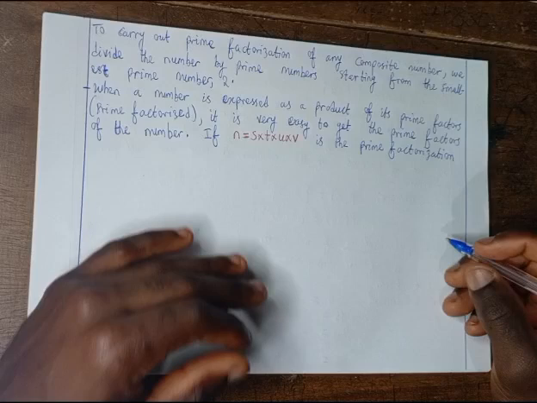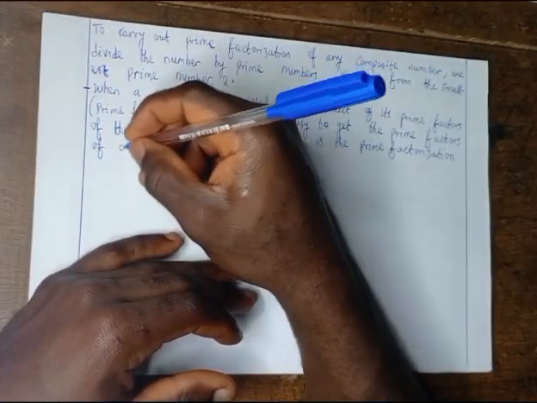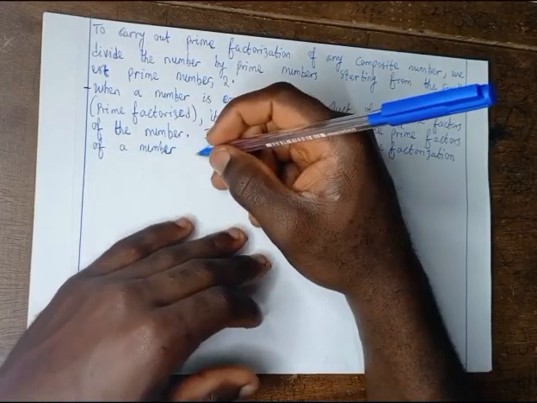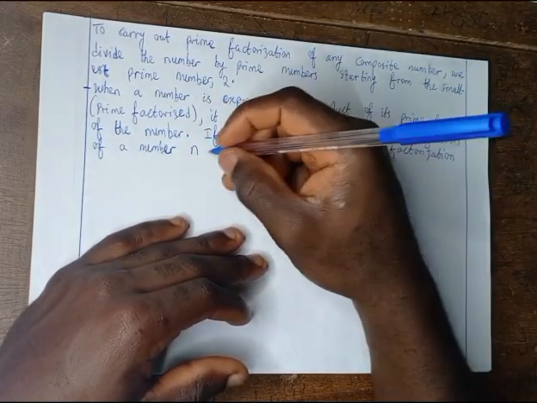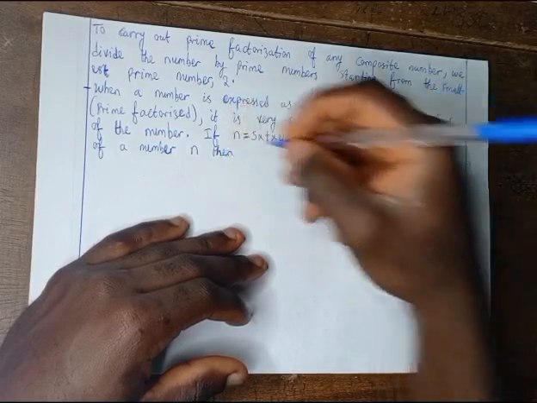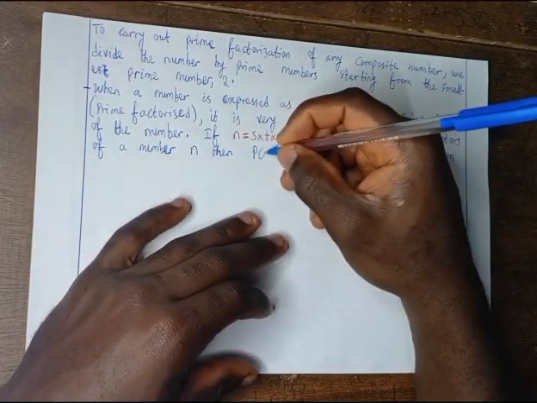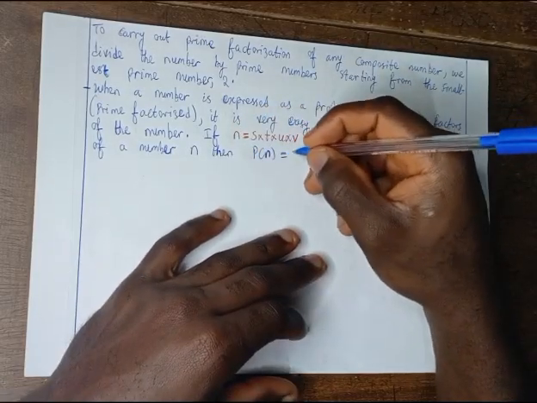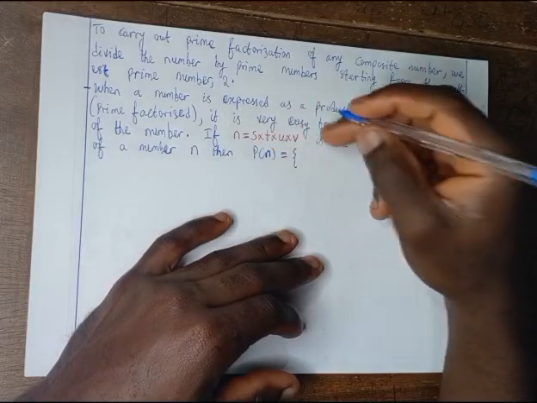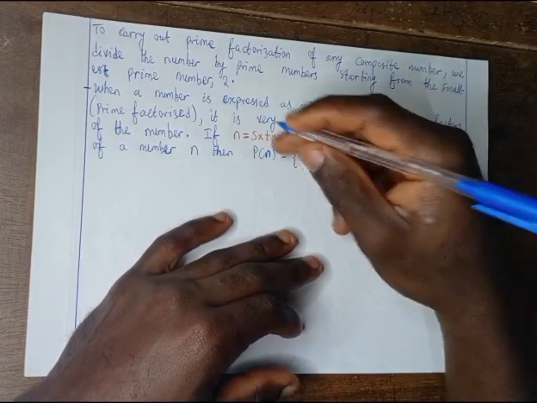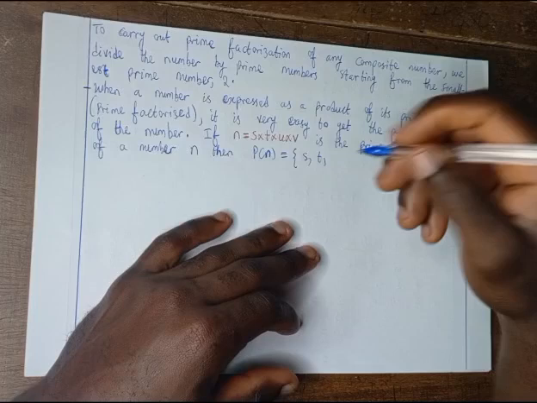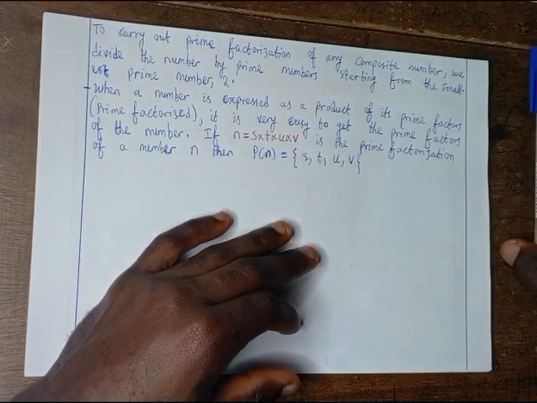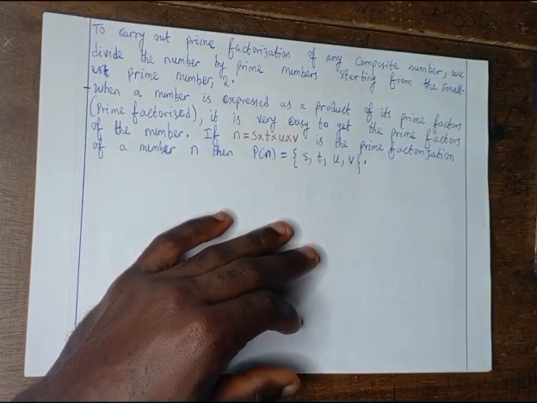This is the prime factorization of a number n. Then P of n, the prime factors of the number n, will simply be equal to the prime numbers we see in this product, we are going to write down s, t, u, and v. Underline this and you take note, it's very important.